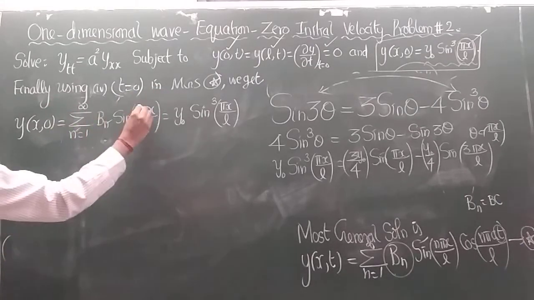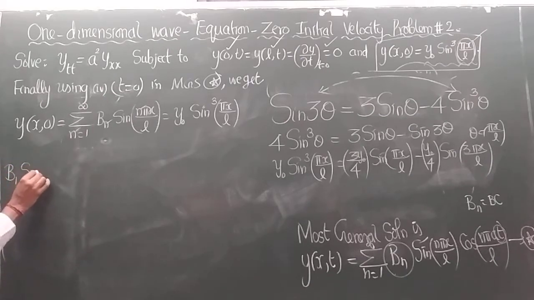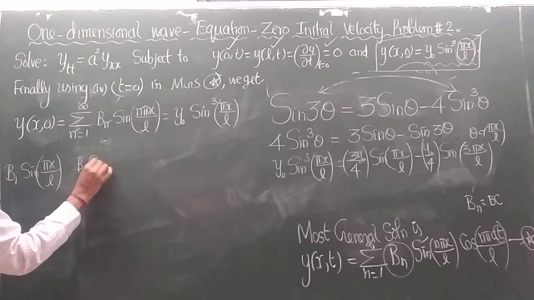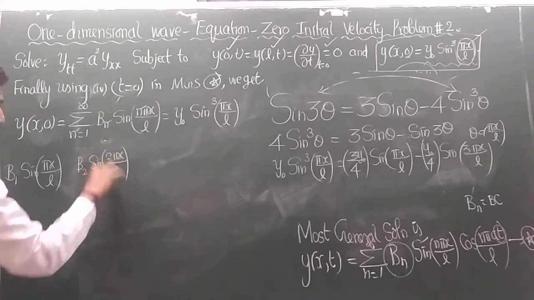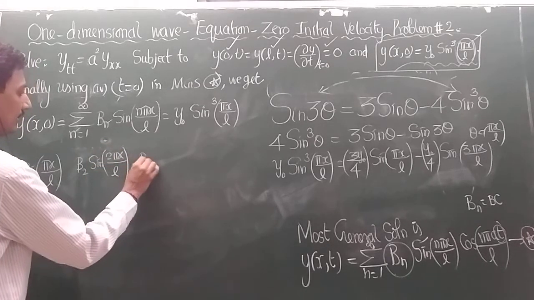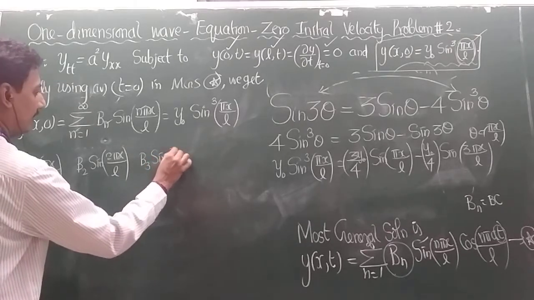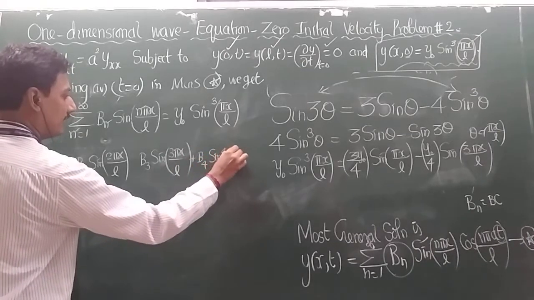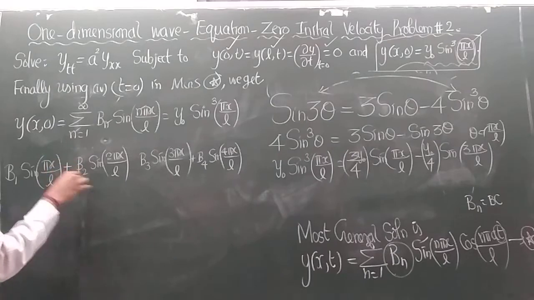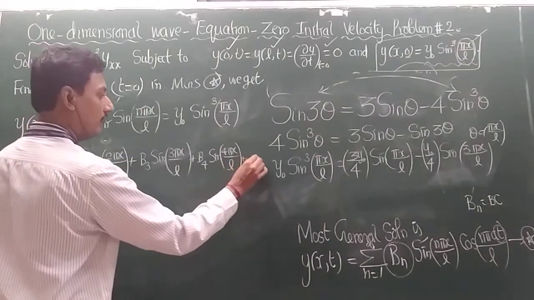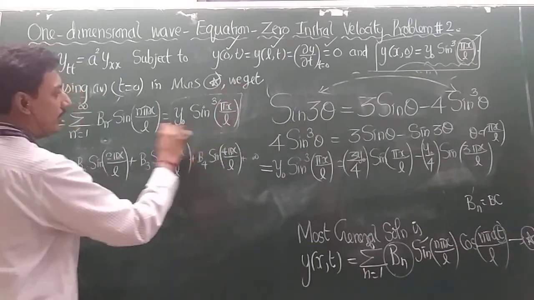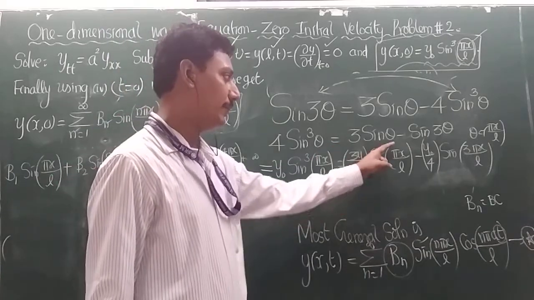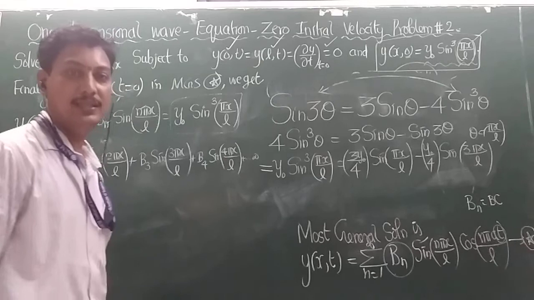If I substitute n equal to 1, we get b1 sine pi x by L. If I substitute n equal to 2, we get b2 sine 2 pi x by L. If I substitute n equal to 3, we get b3 sine 3 pi x by L. N equal to 4, we get b4 sine 4 pi x by L. Summation, so put the plus sign between the terms, going up to infinity, is equal to the right hand side, which is y0 sine cube pi x by L, that is 3 y0 by 4 sine pi x by L minus y0 by 4 sine 3 pi x by L.